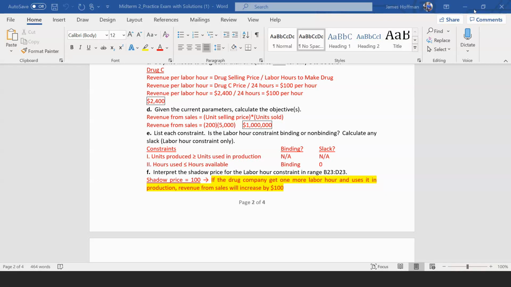Then you're going to calculate the objective, and then you're going to do the list of constraints, and then lastly just interpret the shadow price. So all stuff we've done before. Okay, if any questions on this question or any of the parts for number one, the drug production question?